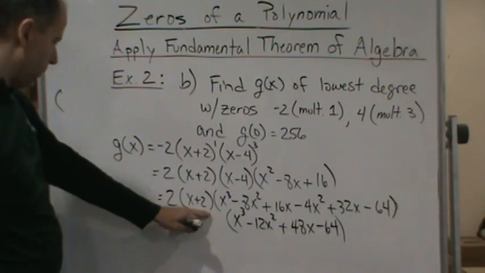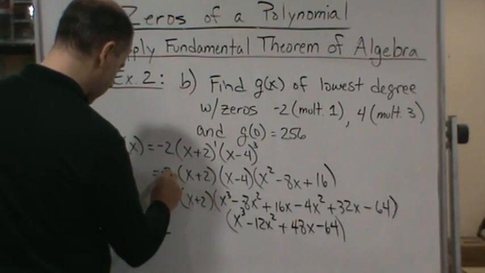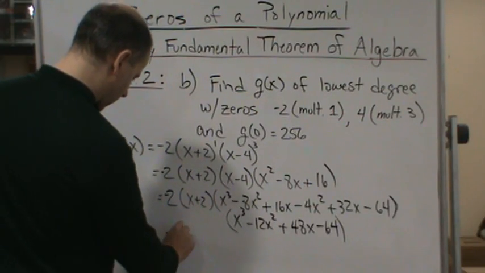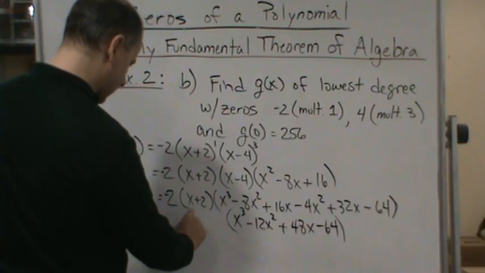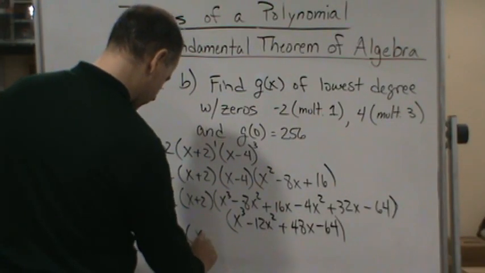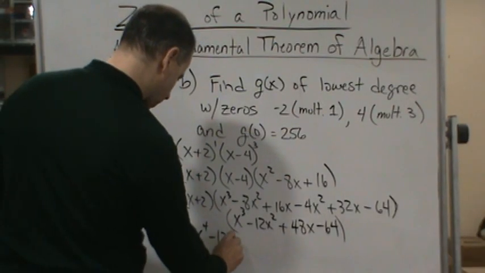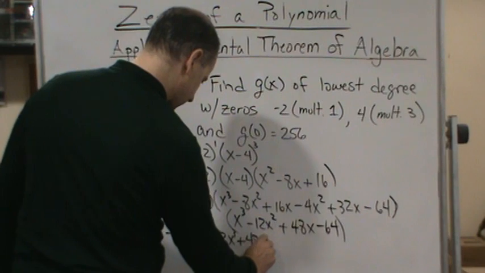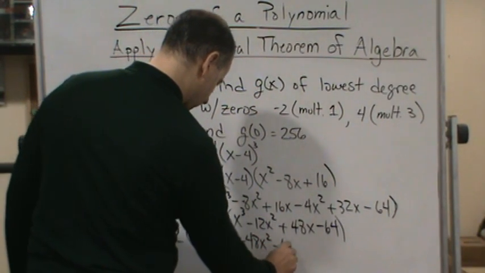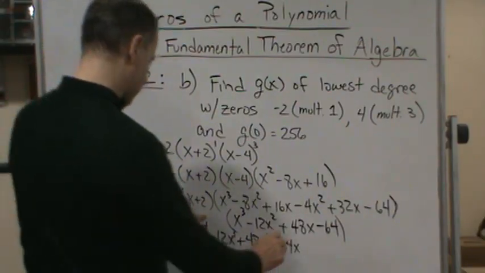And now I'm going to distribute this term, right? So now I'm going to use the distributive property again. Oh, by the way, I dropped my negative. -2. And then this is going to give me x to the 4th minus 12x to the 3rd plus 48x squared minus 64x.